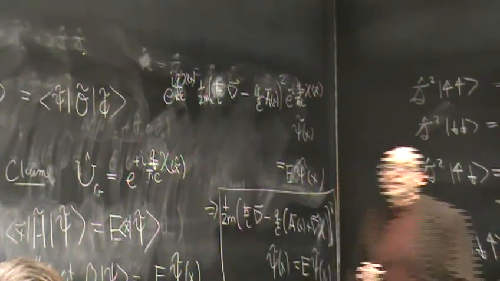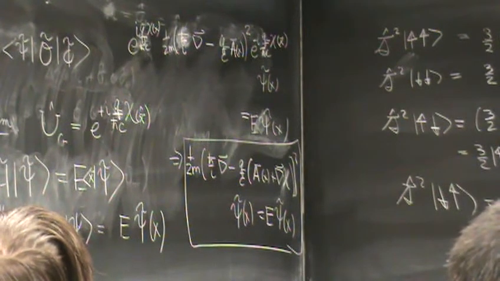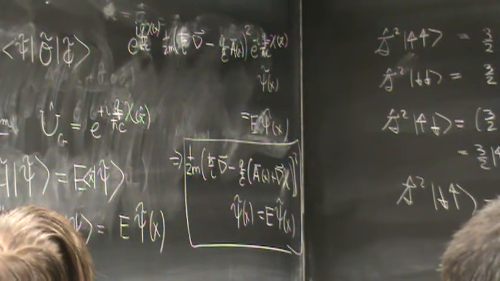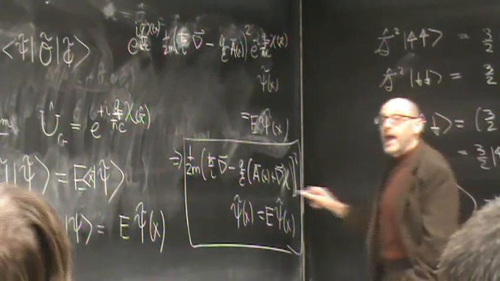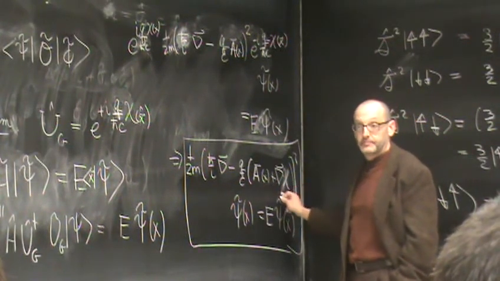So this unitary transformation does the job. It changes the vector potential by adding to it the gradient of a scalar.